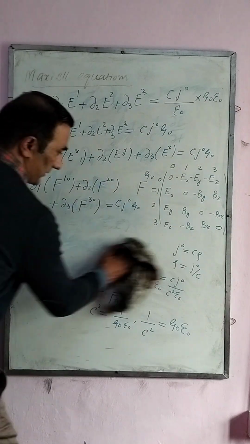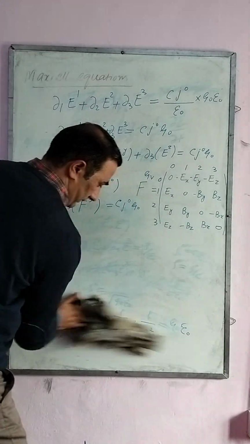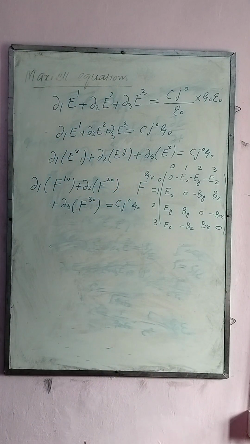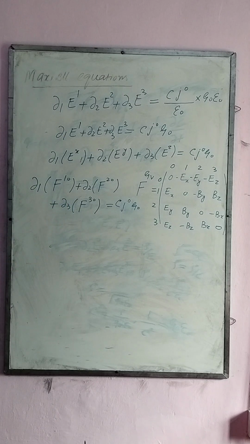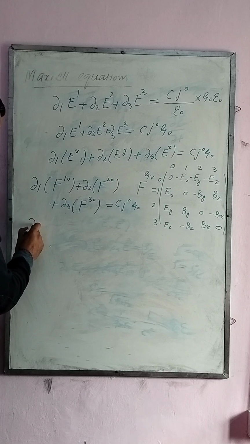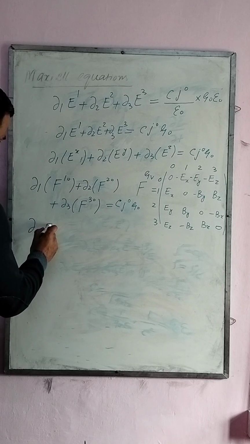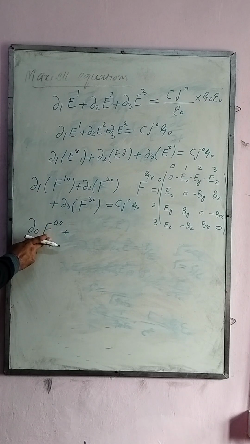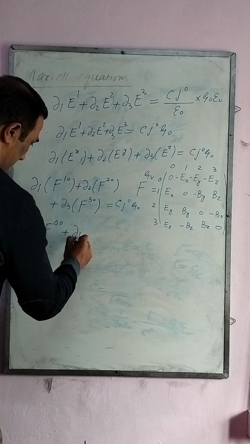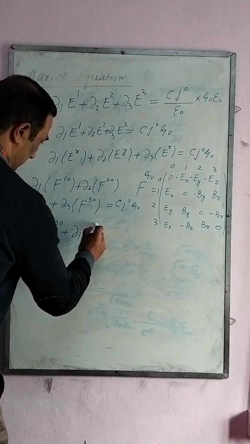or you can, let me write this as, okay, so you can write this as, because you can introduce now the time component here, because if you write partial 0 F00, so I'm adding this term, right? And as you say, that's partial 1 F10.